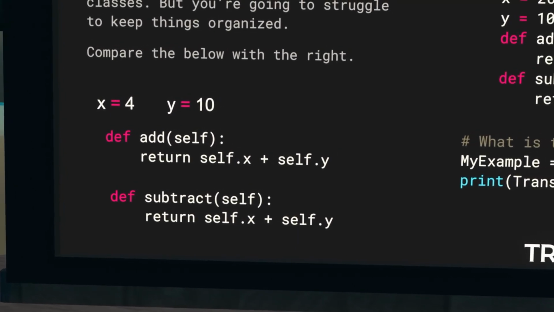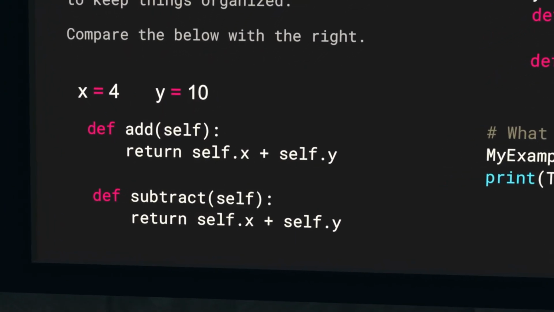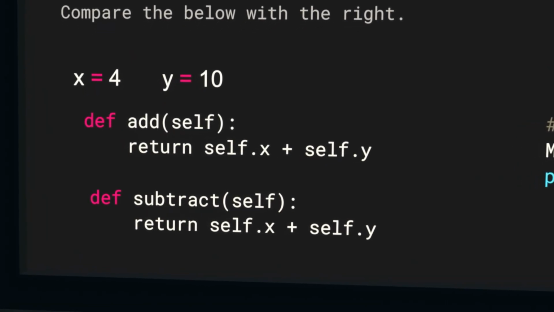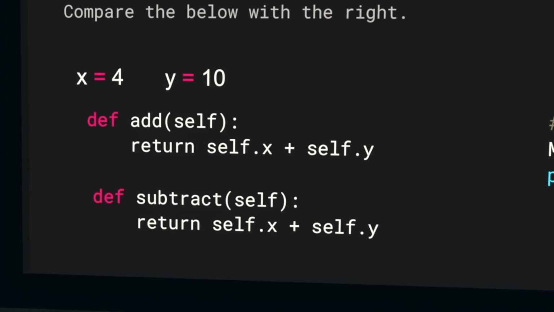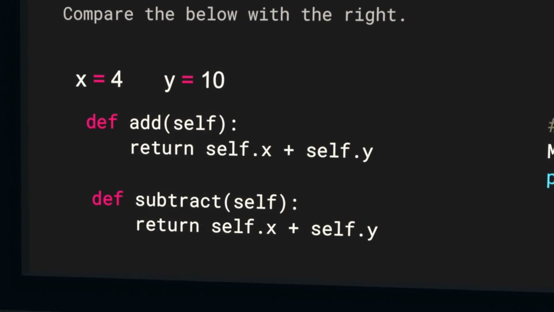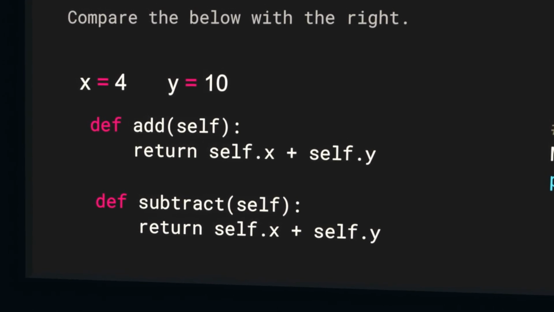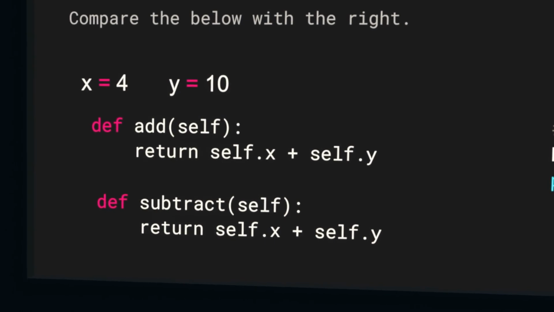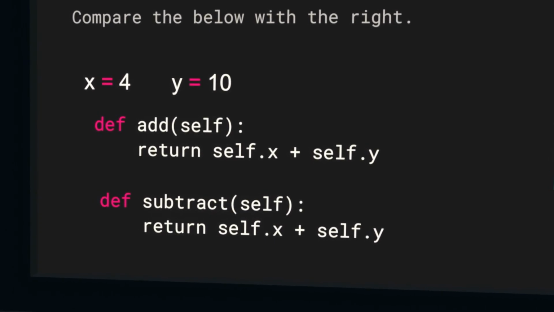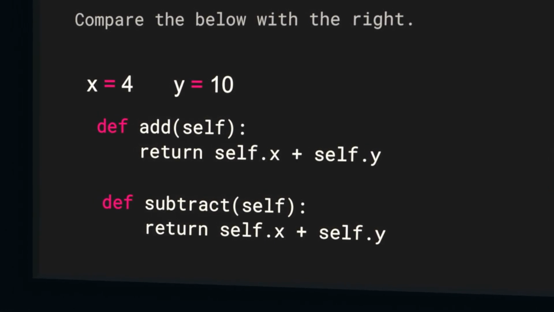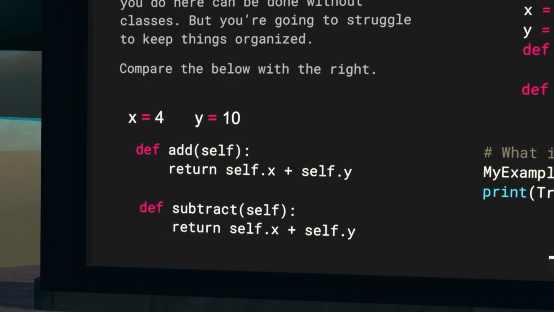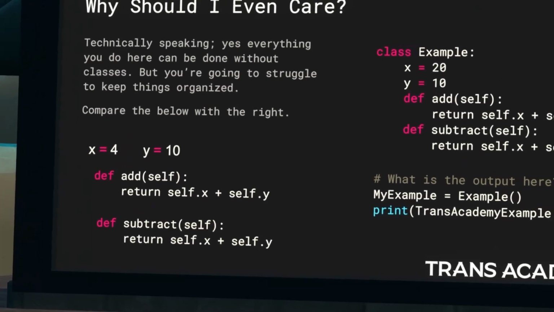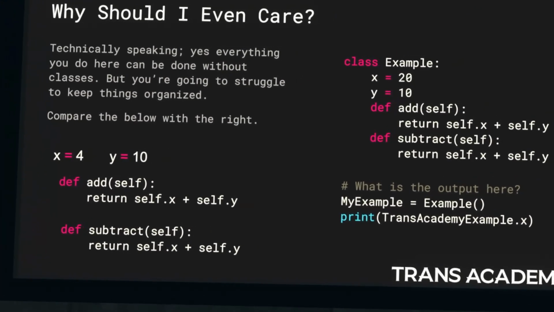It would be add without self, return x plus y. I'm going to fix these slides after this and send them out. But what this was supposed to be is add, return x plus y, subtract without the self keyword, return x minus y. That is a direct mistake as a result of copy and pasting the code.